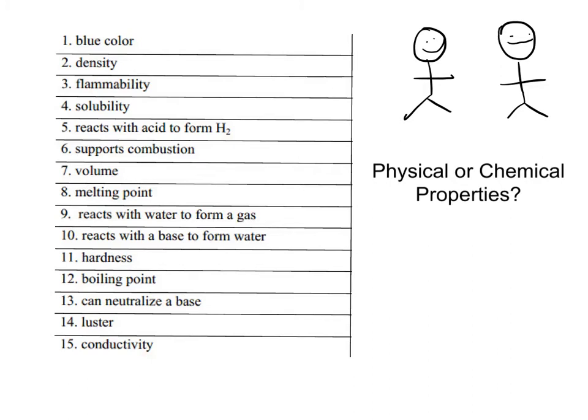So discuss, is it physical or chemical? And then you need to discuss why, because the reasons are very important. That shows me your thinking. So what you need to do right now is pause this, go find someone and discuss this with them, and then come on back and we'll talk about the answers.